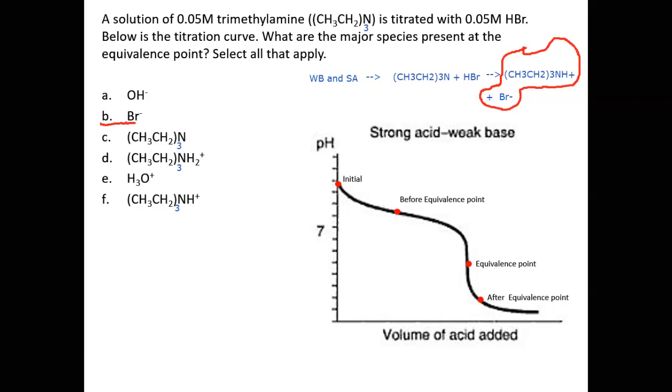And so the species present at the equivalence point are B and F.